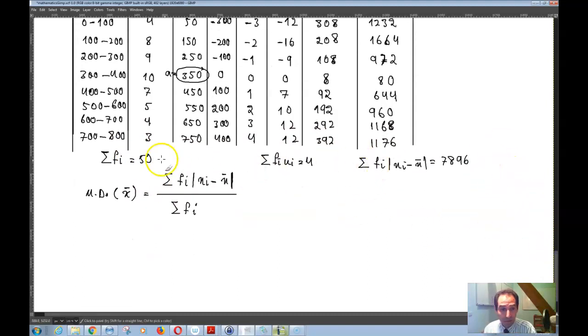And you know your sigma f of i is equal to 50, so you'll get 7896 divided by 50. Divide by 2, you will get 3500, 400, a 45, 48.